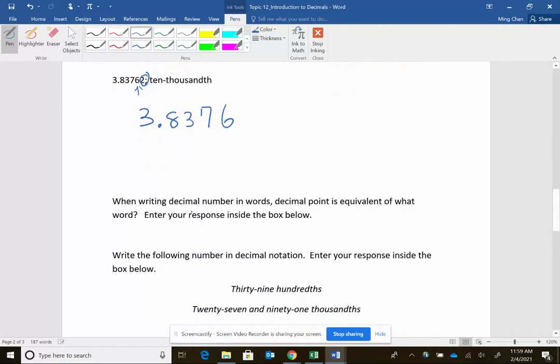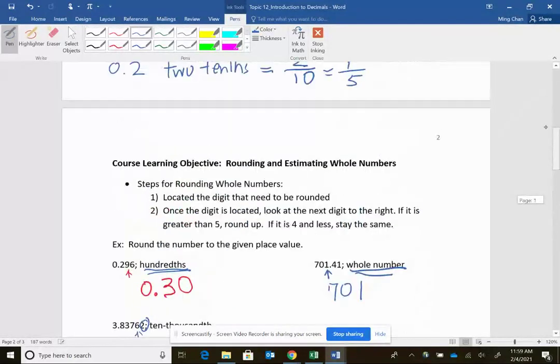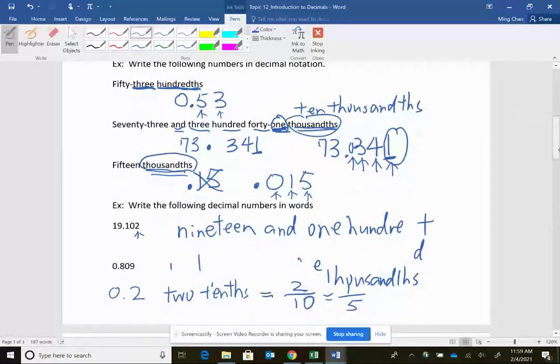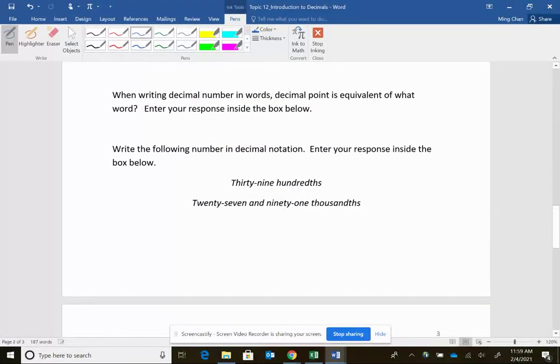All right, when writing a decimal number in words, the decimal point is equivalent to what word? The word "and." All right, write the following number in decimal. So be careful, okay? This 9 needs to be sitting on the hundredth, right? 27 and 91 thousandths.